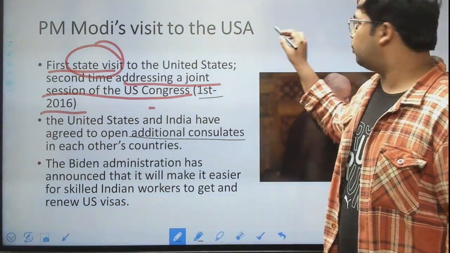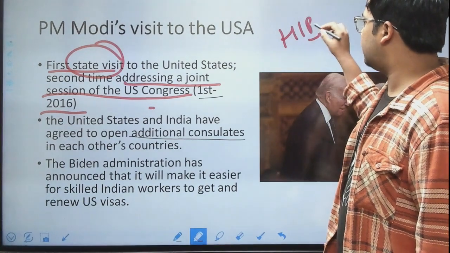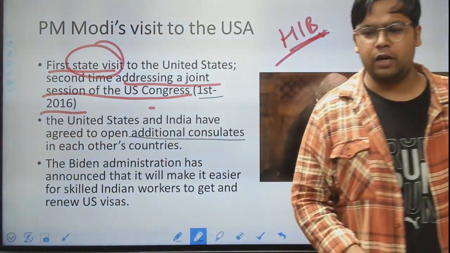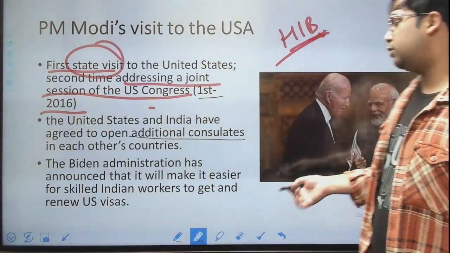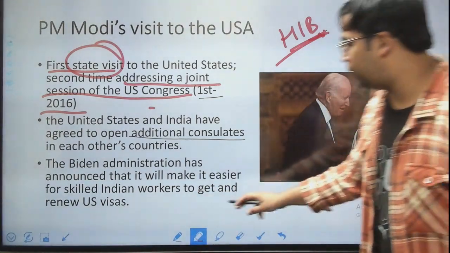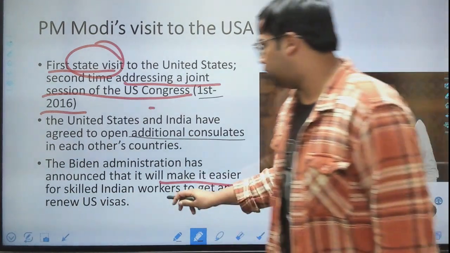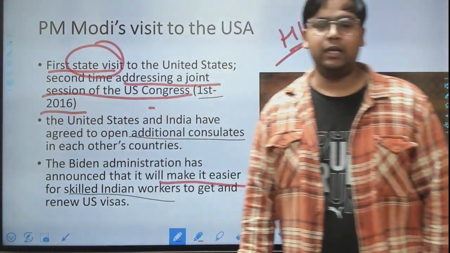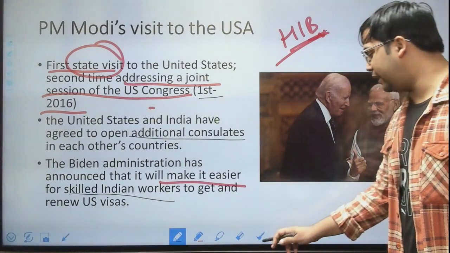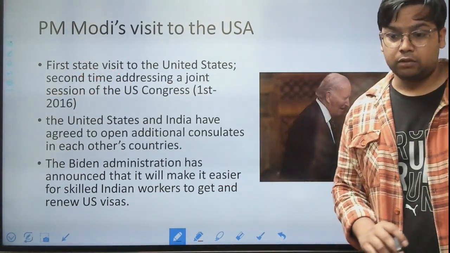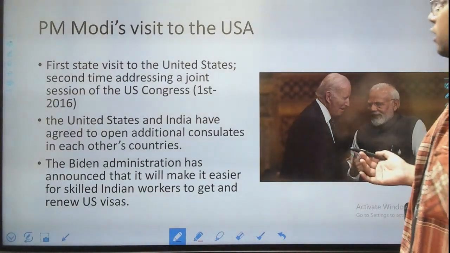When you learn about H1B visas, you will know that it was very difficult for Indians to acquire H1B work visas. Now the Biden administration has promised that it will make it easier for skilled Indian workers to get US visas. So this is also a very groundbreaking development when we talk about US-India relations.